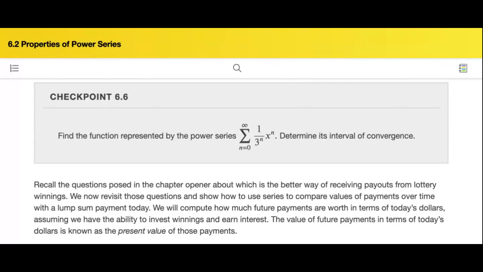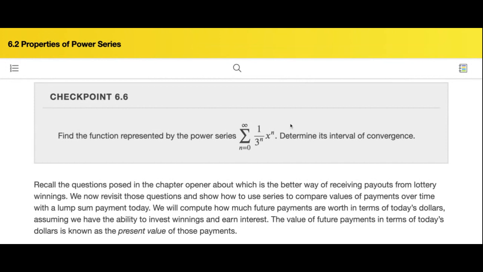Okay, are we all trying this one? X raised by n over 3 raised by n. We see the ratio right away, right? The ratio is x divided by 3. And we see the first term is just 1 because n starts from 0.